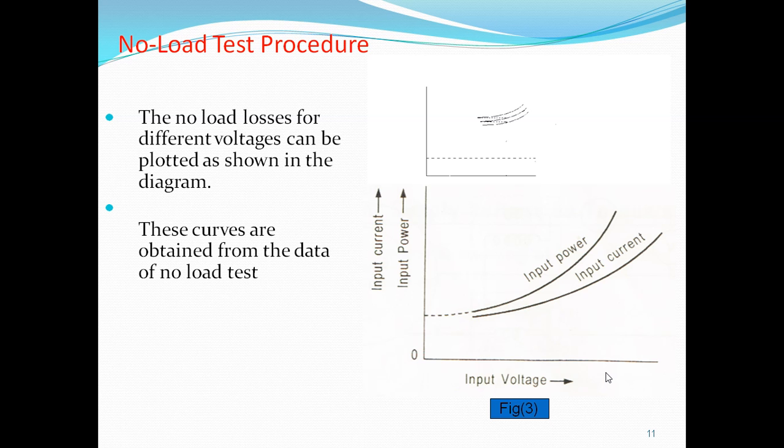If a number of readings of W naught at different applied voltages are taken, we can plot the curves as shown in the figure. So from this we can calculate R naught, X naught, IW, I mu, cos phi naught.